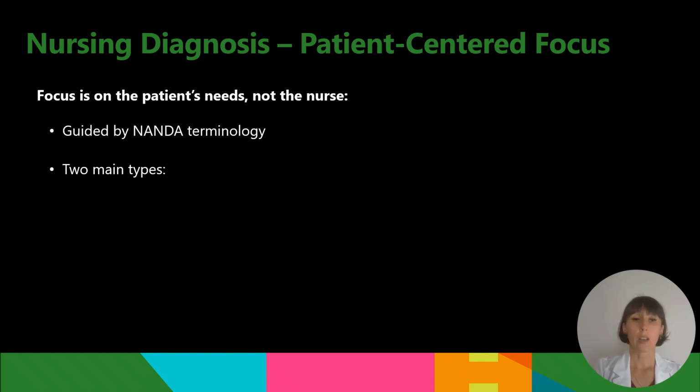Or another one, risk for injury related to anticoagulant therapy. Remember, the focus here is always on the patient's needs, not the nurse's. And nursing diagnoses are not medical diagnoses that doctors make, like asthma or ulcerative colitis. Those are different things. Nursing diagnoses are always about patients' needs.